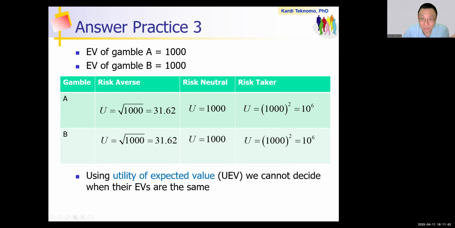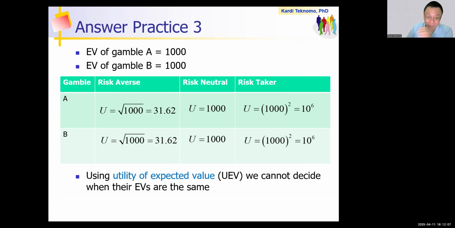If you want to use utility of expected value, can we decide? No, we cannot decide. Because the utility of expected value, or UAV, is actually the same decision as EV itself. So this is not going to work. So don't do this.